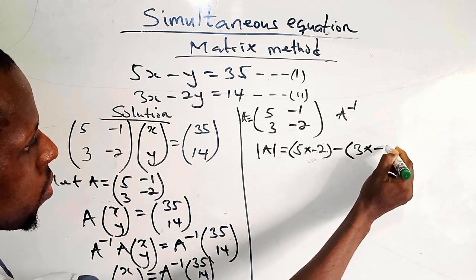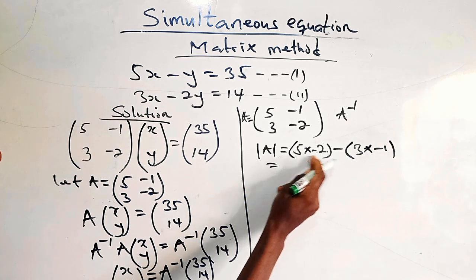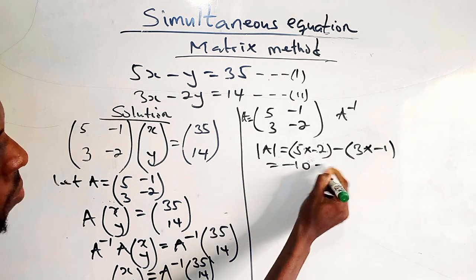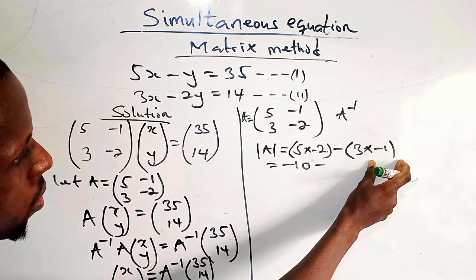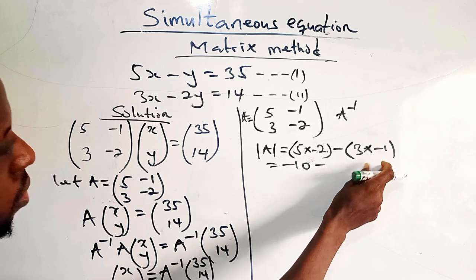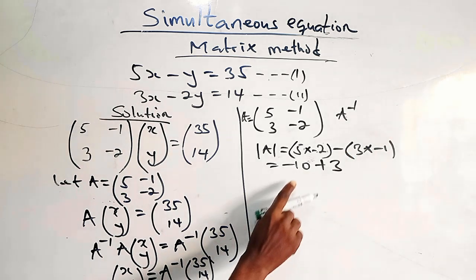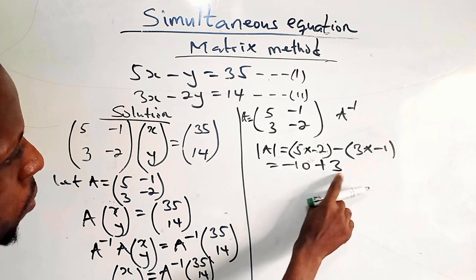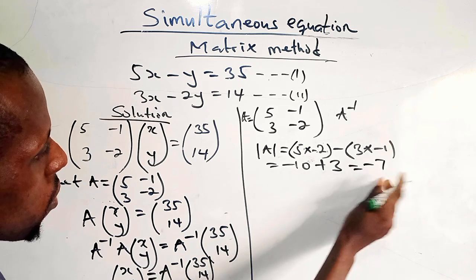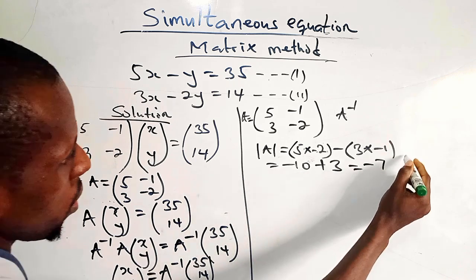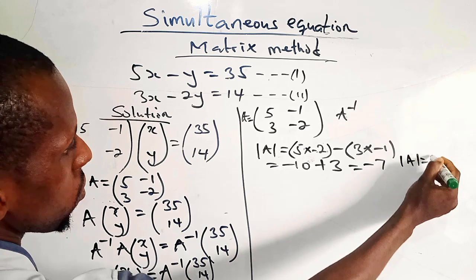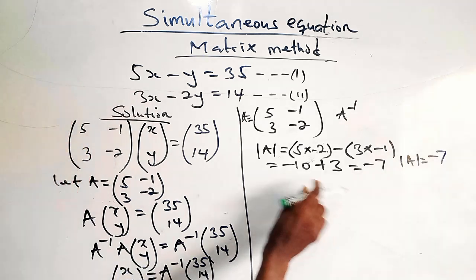So 5 times minus 2 is minus 10, and minus 3 times minus 1 gives plus 3. So here you have minus 10 plus 3, which is minus 7. That means the determinant of A is minus 7.